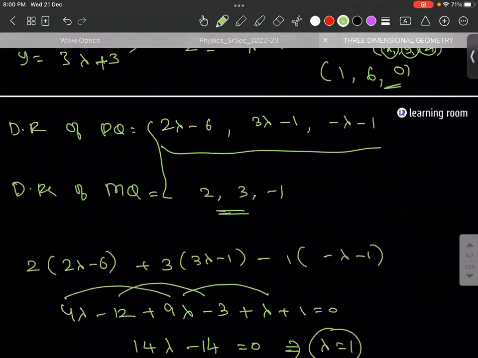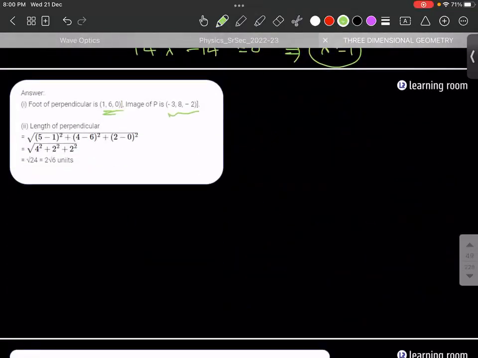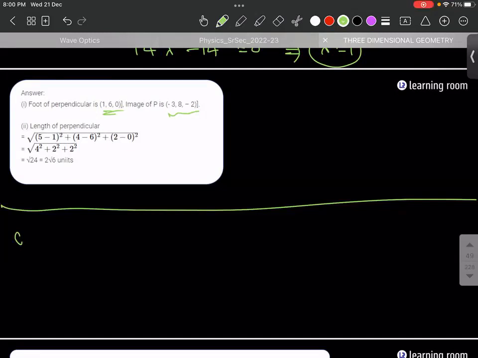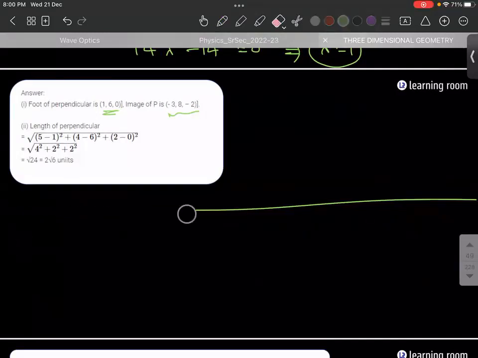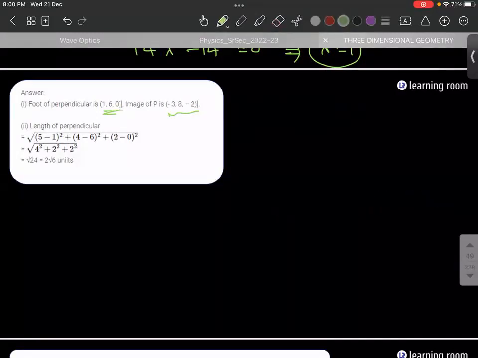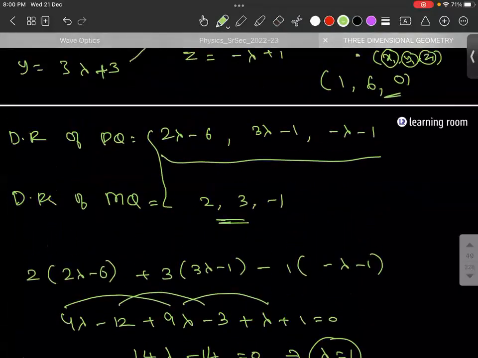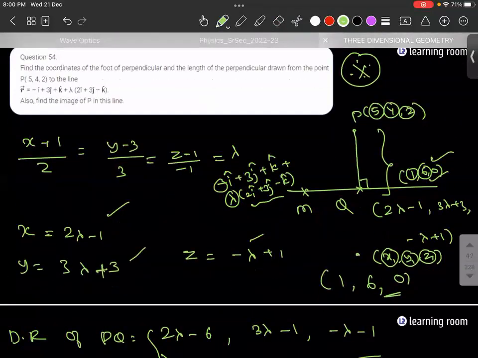Did you guys understand the algorithm or the steps to be followed? Sir, can you show the diagram? In this question, the position vector of point Q is nothing but the equation given in the question, for some value of lambda.